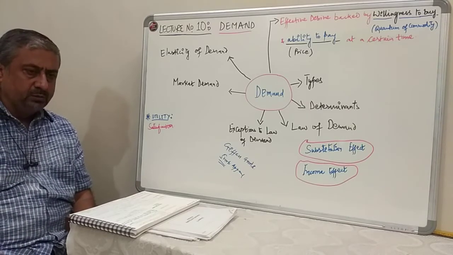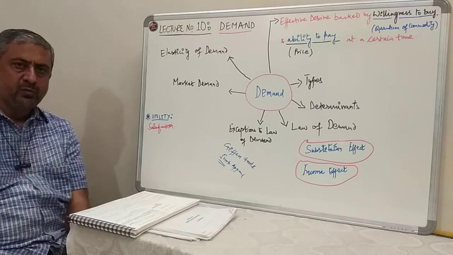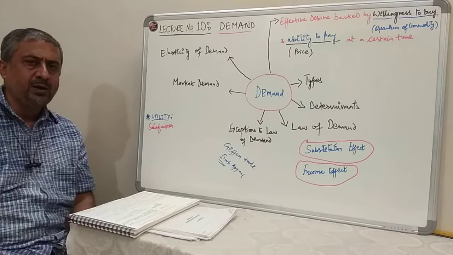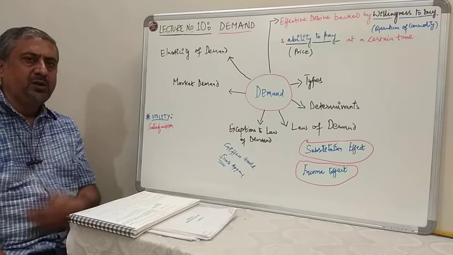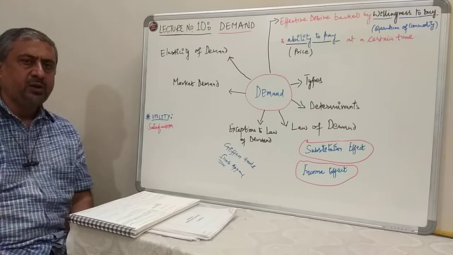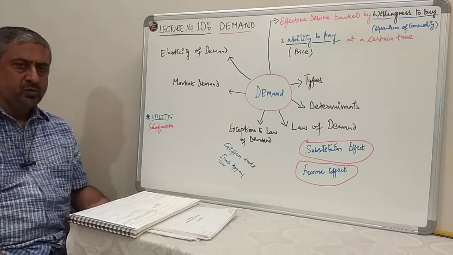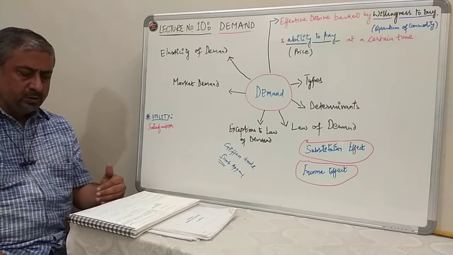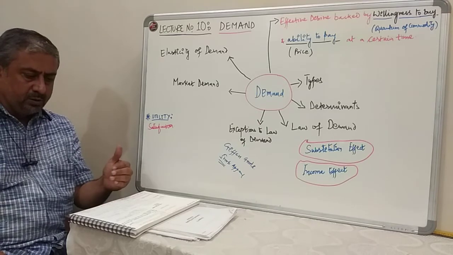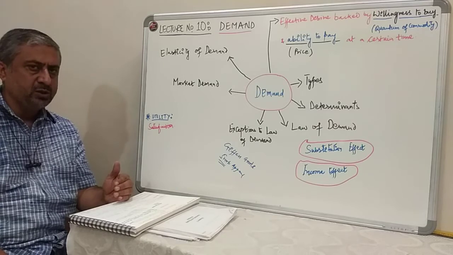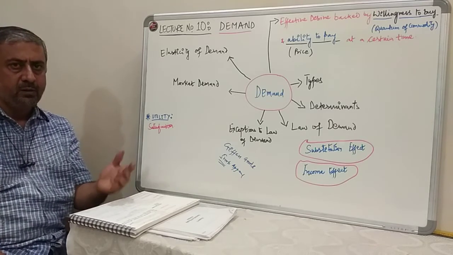Like for example, latest models of mobile phones. You may not be requiring them. You may not have any utility in buying that. You may not derive any satisfaction. You're going to derive only one satisfaction, that you want to buy the product to maintain your social status, right?